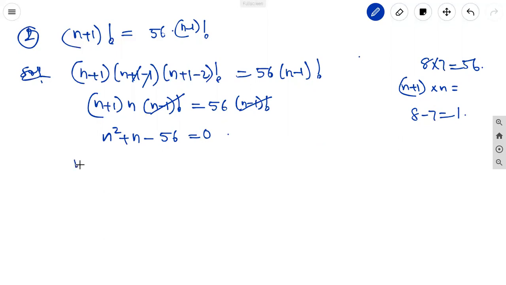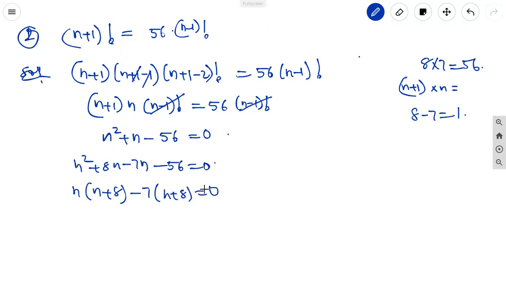So this can be written as n² + 8n − 7n − 56 = 0. n is common from the first two terms, n+8 is common, so (n+8)(n−7) = 0. Here the positive value is 7 only. Therefore, n equals 7.